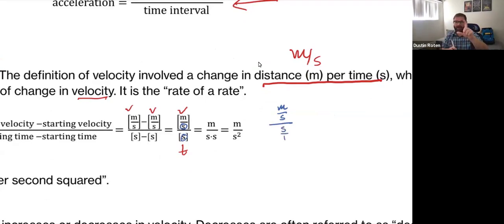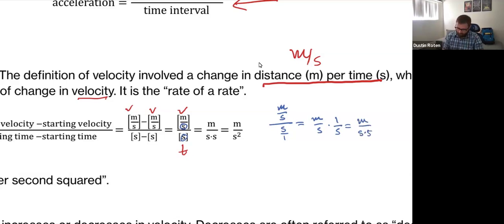Remember, any sort of just number we can write as that number over 1. So when you divide fractions, you flip the bottom and multiply. So instead of s over 1, we have 1 over s. So if we multiply straight across, we're going to get meter over second times second.